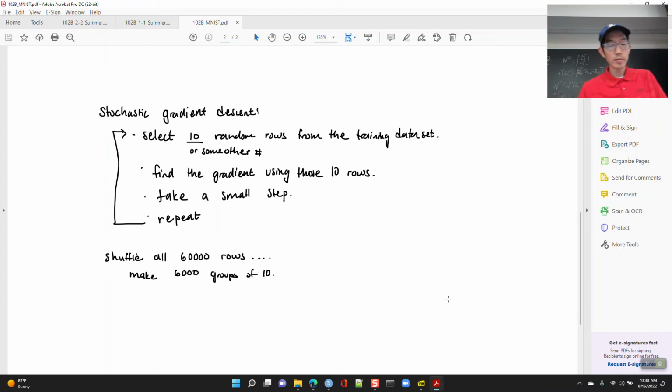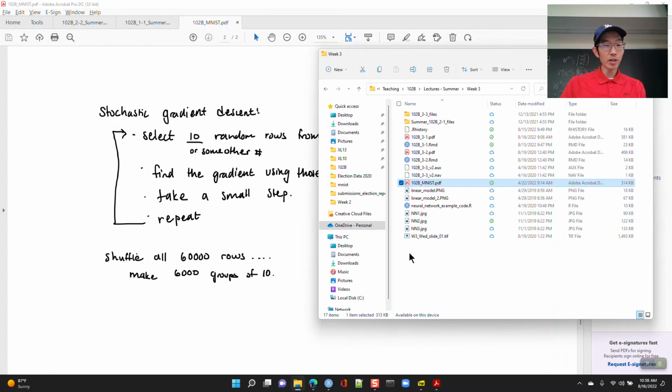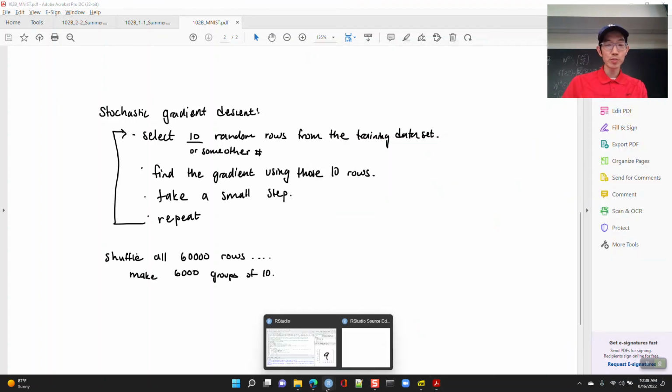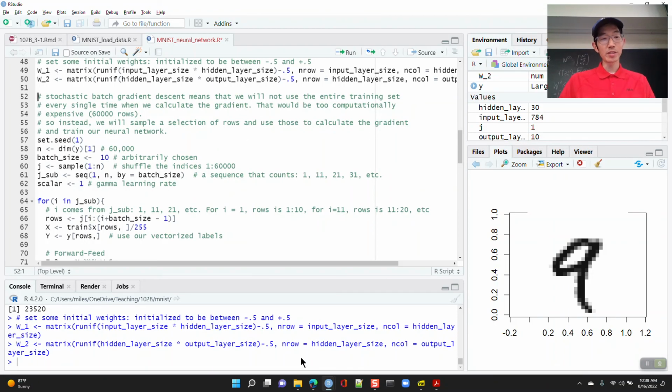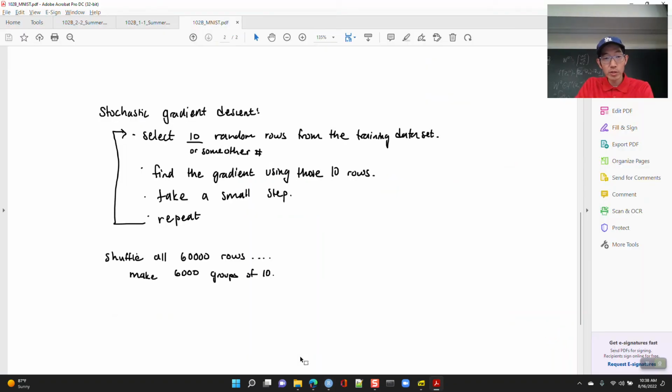Now, what we're going to do is, if I tried to do the entire data set with all 60,000 images, this will bring my computer to its knees in terms of the computational power that it has to do. Okay, and so I'm going to just randomly select 10 images out of 60,000.